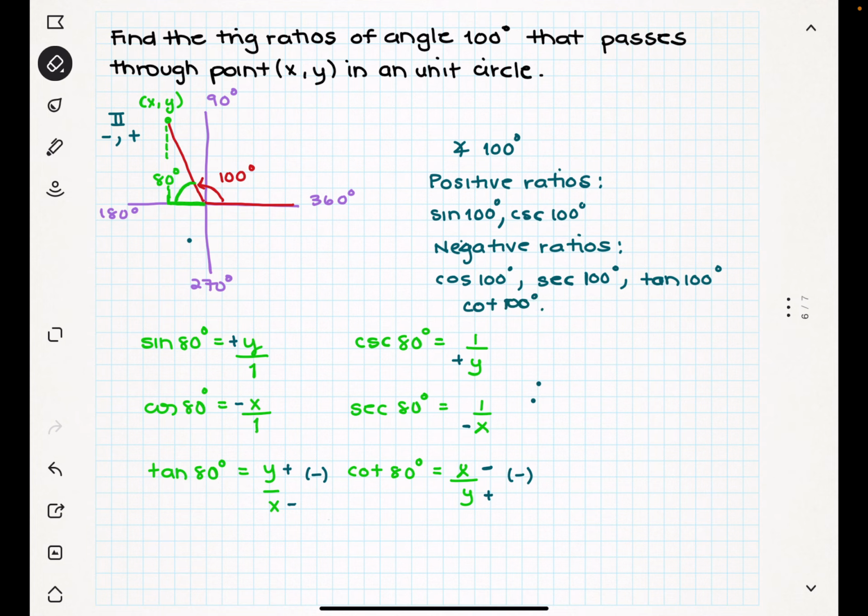So the measure of the ratios is going to be given by the reference angle, but the signs of your actual angle are going to be given by the analysis of your signs.